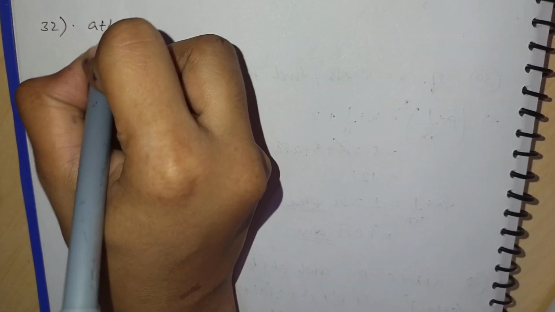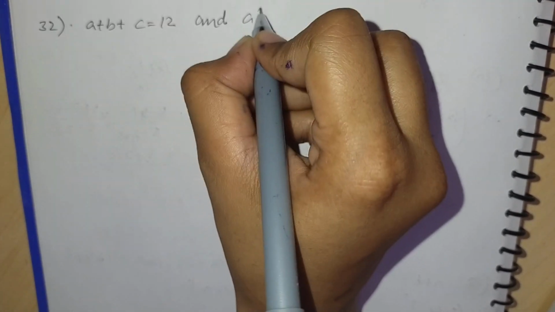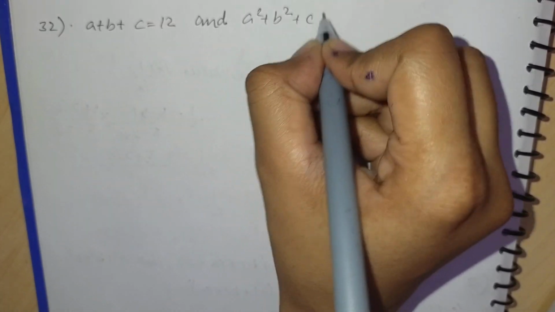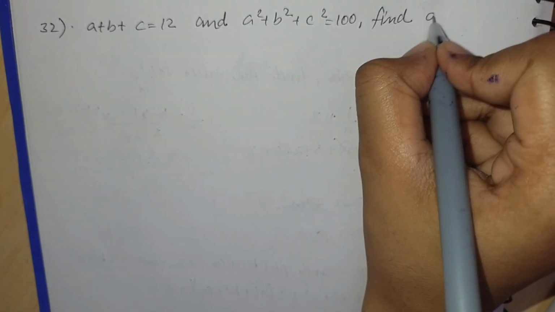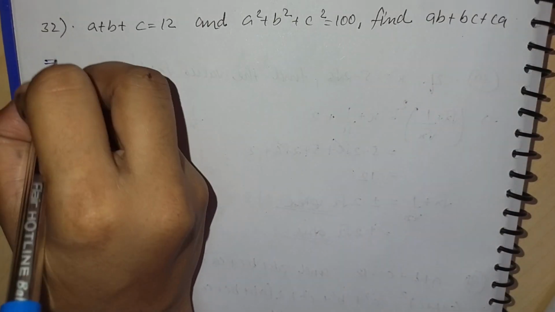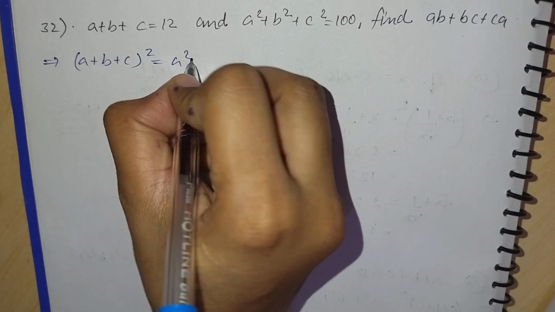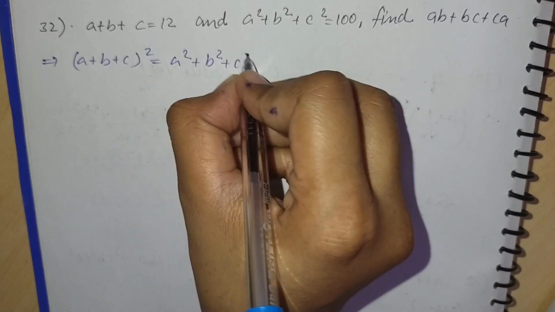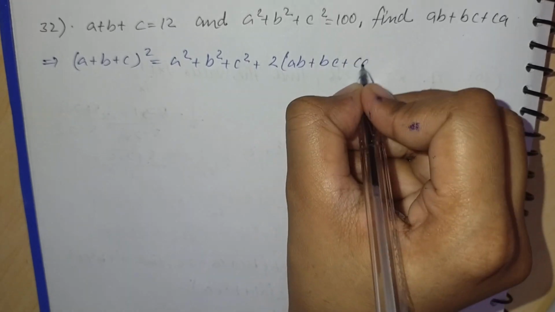Let us solve the 32nd question here, which says that if a plus b plus c equal to 12 and a square plus b square plus c square is equal to 100, then find ab plus bc plus ca here, which is (a plus b plus c) whole square, where it is equal to a square plus b square plus c square plus 2(ab plus bc plus ca).